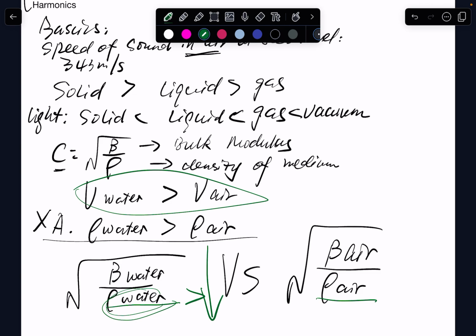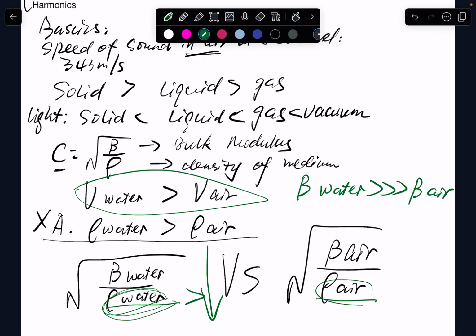So the real reason why I can explain why the speed of sound in water is faster than the speed of sound in air is really because this B water is way, way, way larger than the B air, so that it compensates the differences of their densities, right?